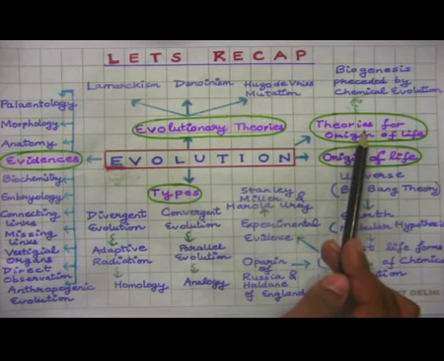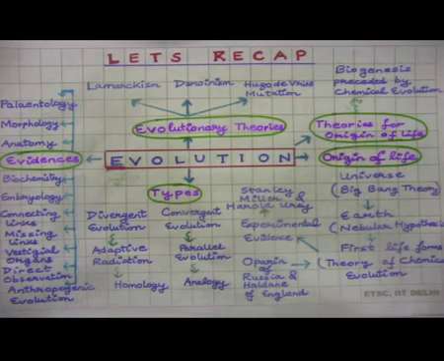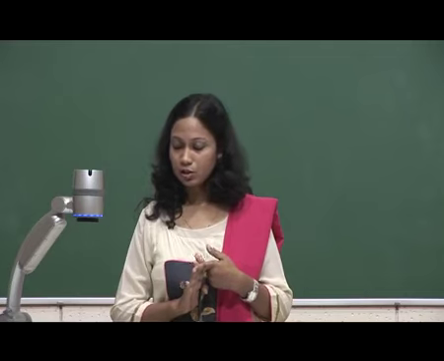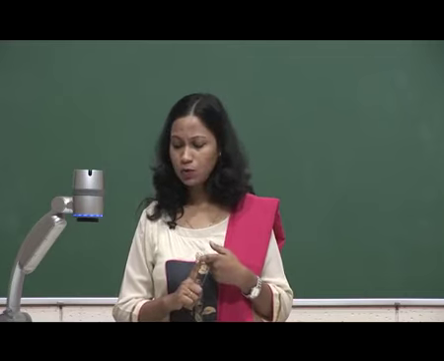We discussed it briefly in our first session. They were the theory of special creation, theory of panspermia and theory of spontaneous generation. Under the theory of special creation, we discussed that it was the oldest theory, which explained that earth was formed in 6 days.